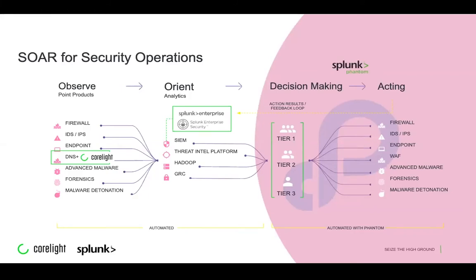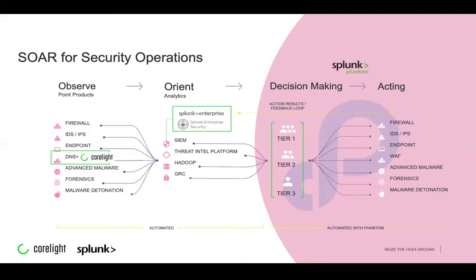And then in Splunk Phantom on the right side, that's where you're making the decisions by looking at all those notable events that were already filtered. Before you take action, maybe your action could be to quarantine a device, add a whitelist, or send an alert to the security analyst or the admin.